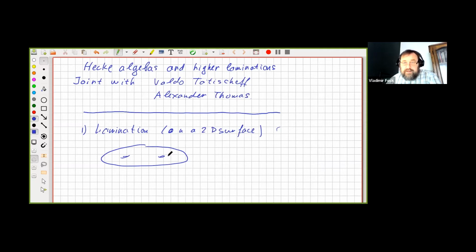We have a surface, and a lamination of the surface is just a collection of closed curves on it.